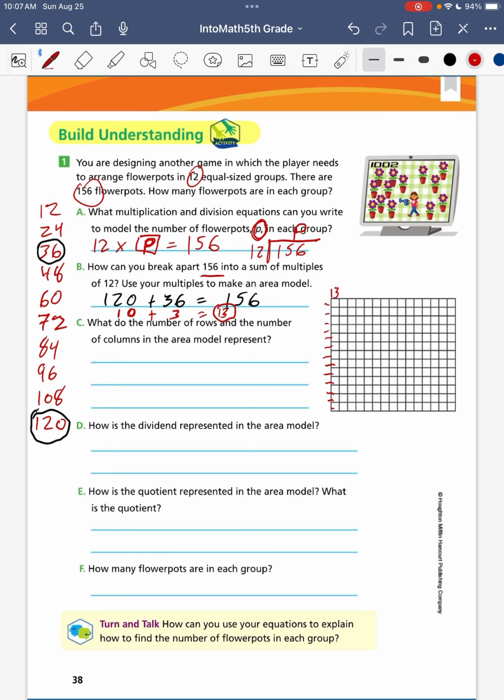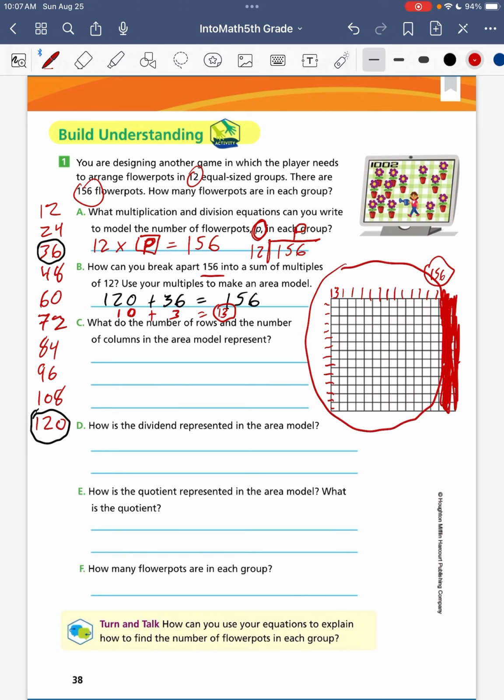If I count out 12 columns, my 12th column would have 156 total flower pots, meaning we can ignore the last two here and have 156 total here.